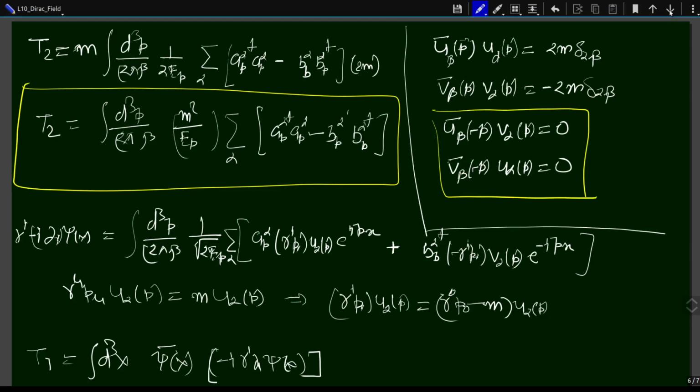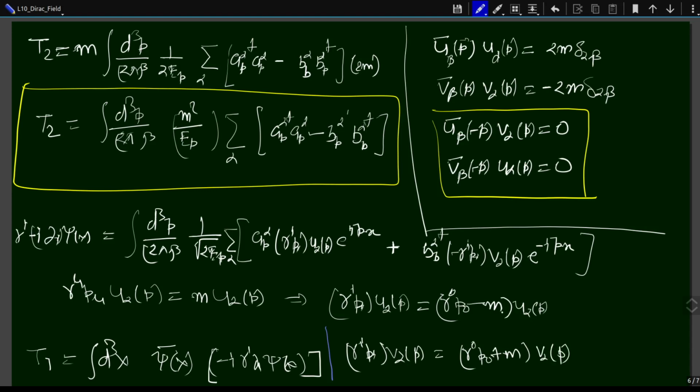We can see over here that gamma^i p_i acting on u of p can be written as gamma^0 p_0, which is the same as the energy, minus m. Similarly, just before going to the next page, minus gamma^i p_i acting on v^alpha of p can be written as gamma^0 p_0 plus m acting on v^alpha of p in a similar manner.